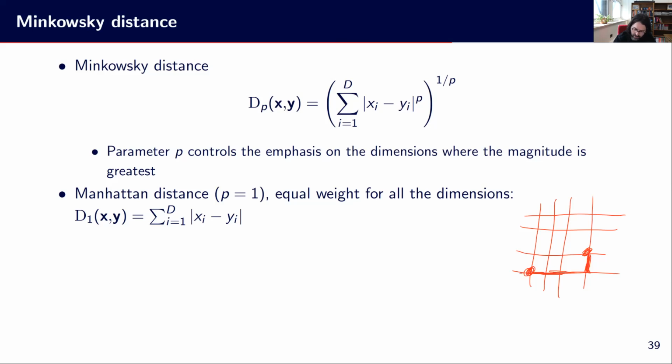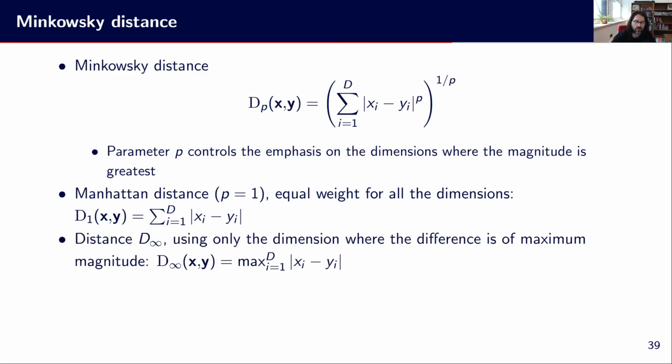This is not the only one. We can take different paths. This one is also valid, and this one is also valid. But these are all equivalent, and we just need to compute the number of steps in X and the number of steps in Y to reach the destination. So this is putting an equal weight on all dimensions.